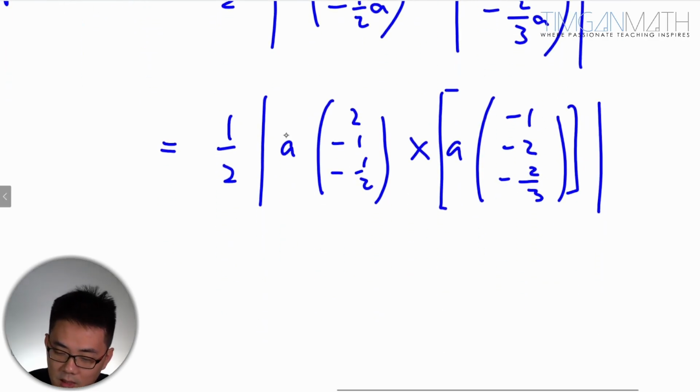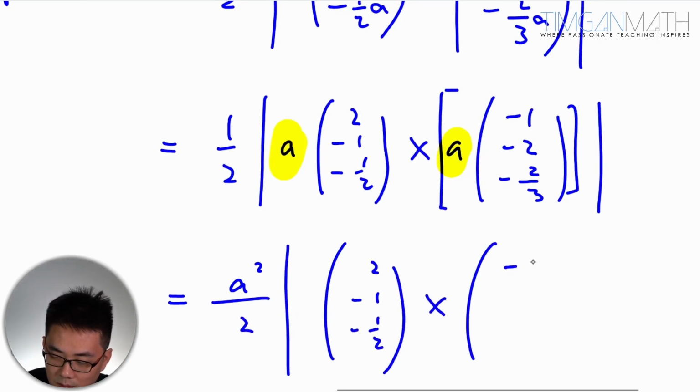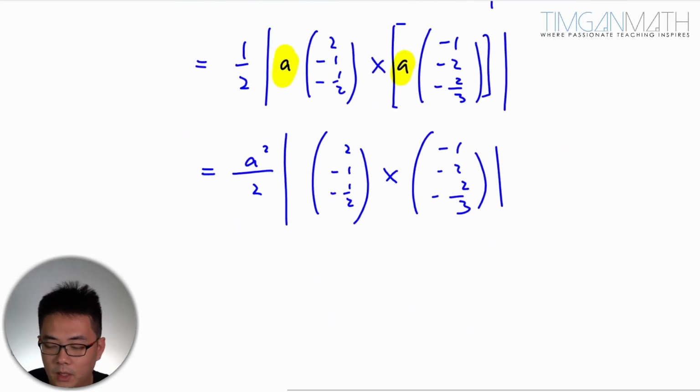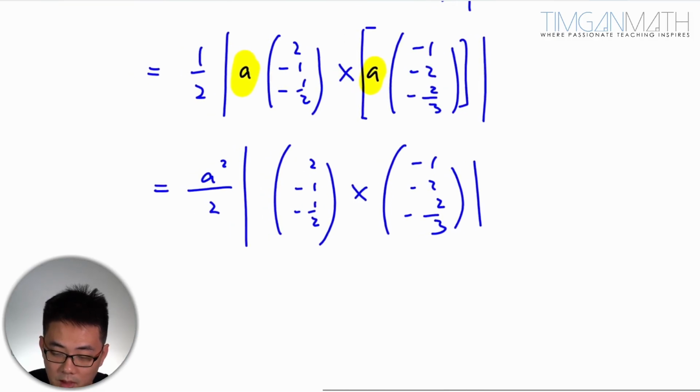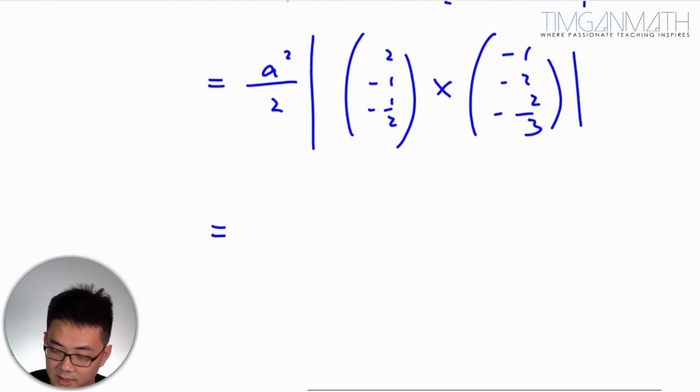So this a and this a are constant, so you can just bring it out. So this is a squared over 2. Ultimately, what is minus 1, minus half, cross with minus 1, minus 2, minus 2/3? Okay, there you go. So you're just going to perform cross product here. And what we'll get here is a squared.